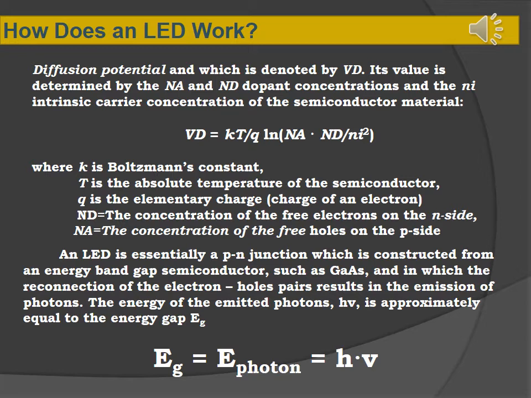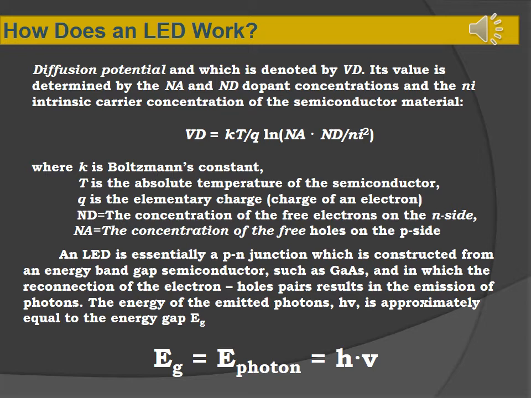An LED is also essentially a p-n junction, which is constructed from an energy bandgap semiconductor, such as gallium arsenide, and in which the recombination of the electron-hole pairs results in the emission of photons.